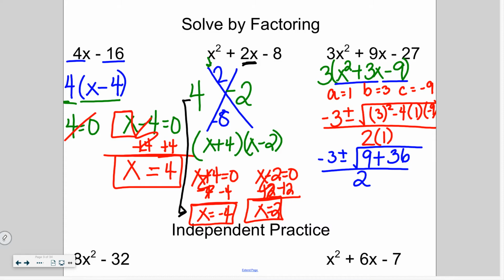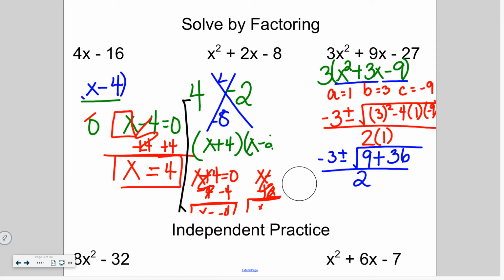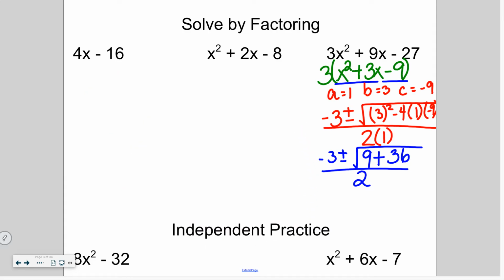I'm going to erase this other so we have room, because I should already have that on the paper. All right, so 9 plus 36 is 45. We have the square root of 45, plus minus and negative 3, and all that is over 2.